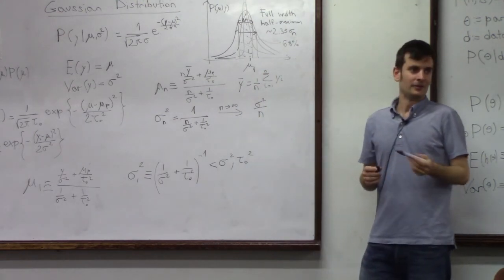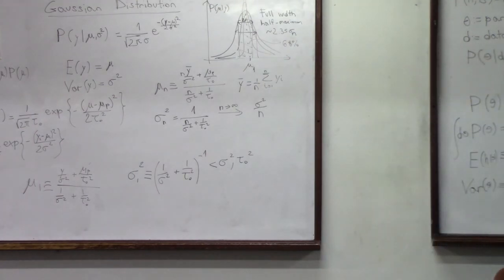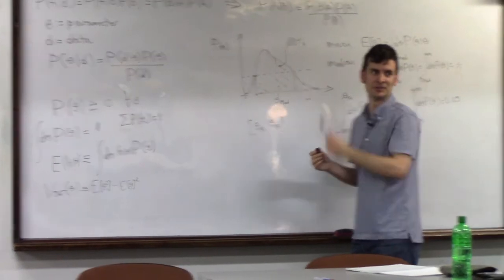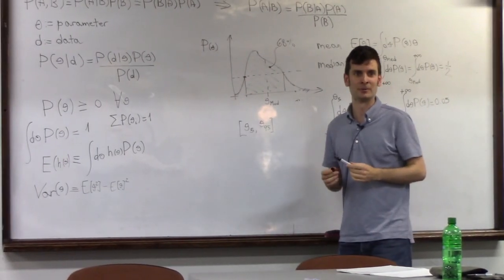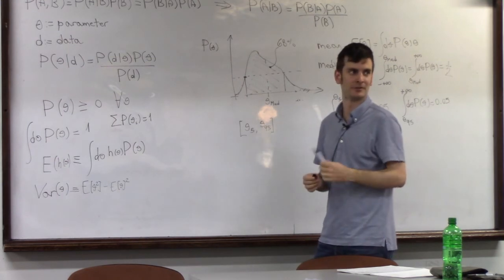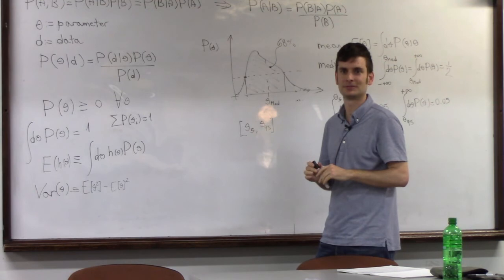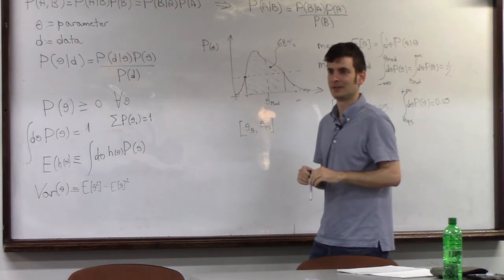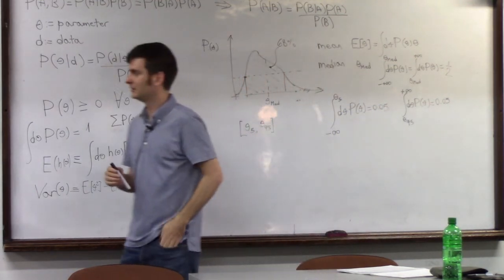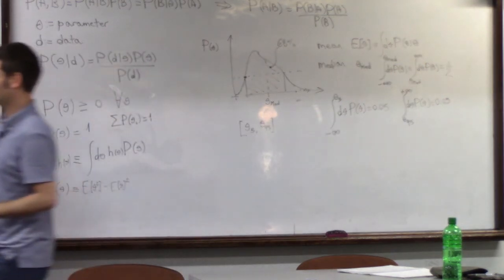So when we say the 1 sigma confidence region, the 1 sigma credible region, we mean the region that encloses 68% of the probability. So these are all different ways to summarize a result. Any questions? If not, I'm going to move on to a more physically relevant problem.